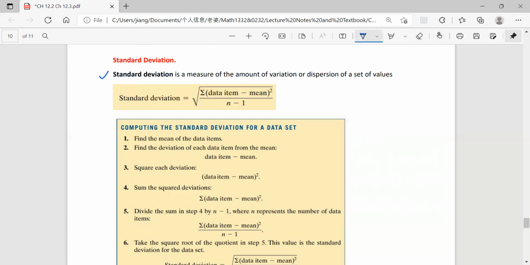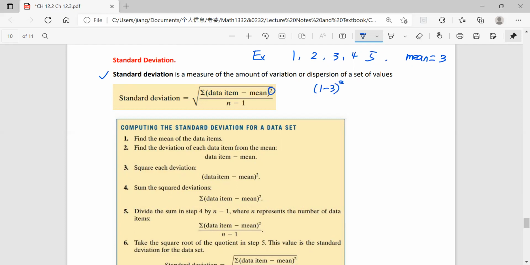That means for each data item minus mean, for example, if I have 1, 2, 3, 4, 5, then we can find the mean because we have learned the mean. We have found the mean is 3. So the data items, first one is 1 minus 3, and then squared.